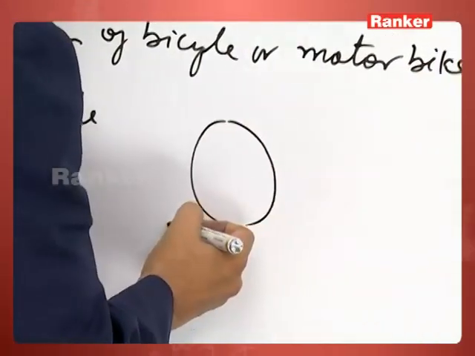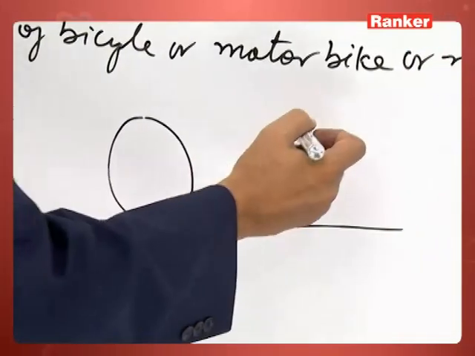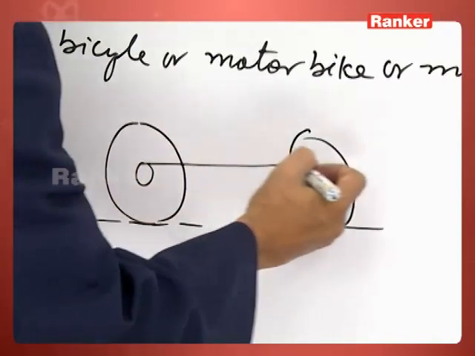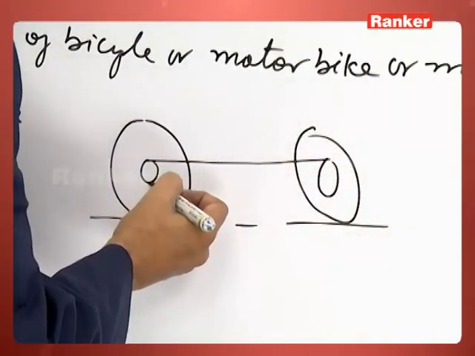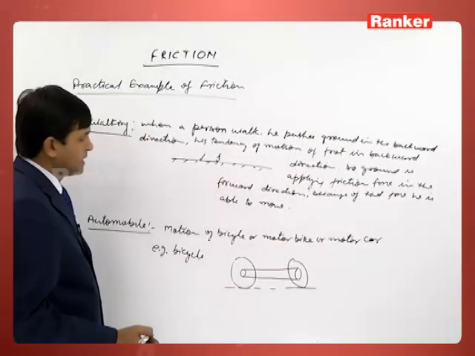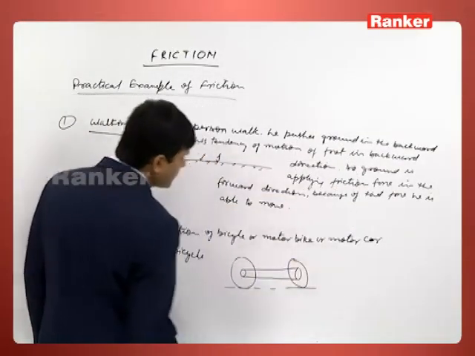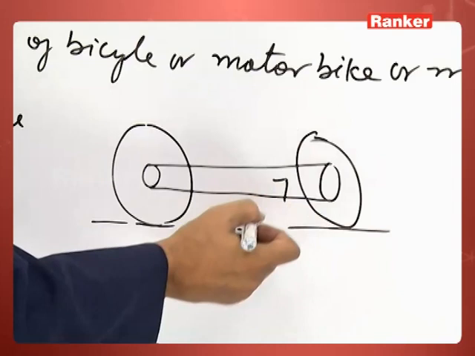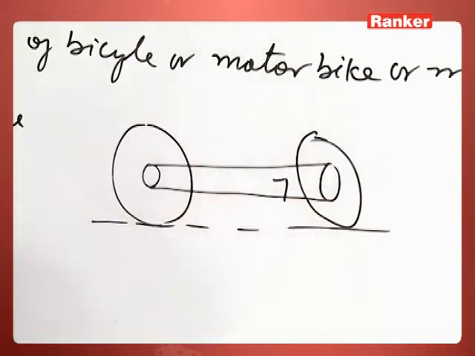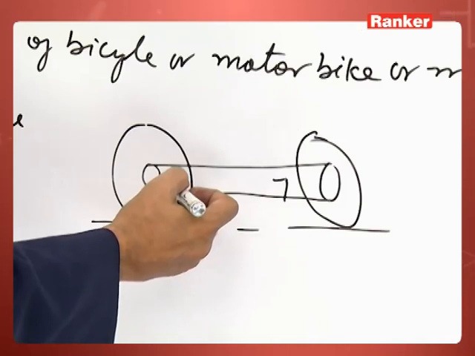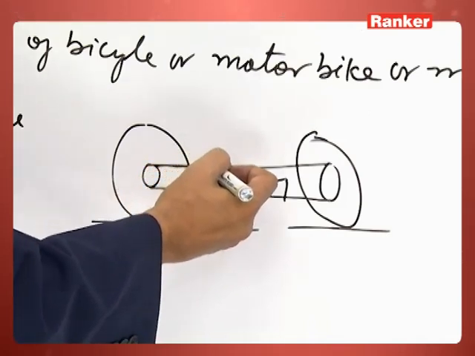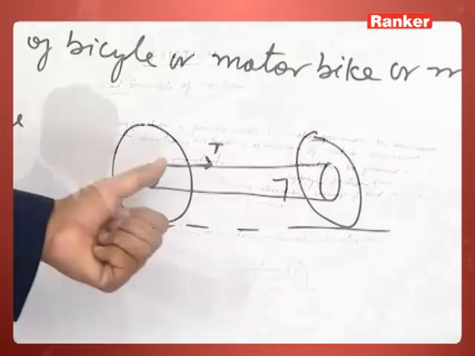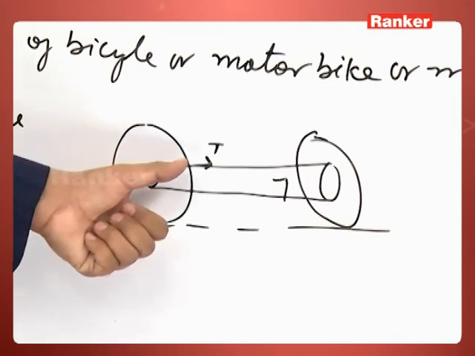We have the two wheels of the bicycle, connected with a chain and sprocket system like this. What happens when we are paddling? When we paddle, we apply a tension on the upper part of the chain.